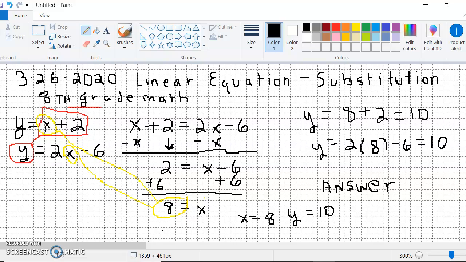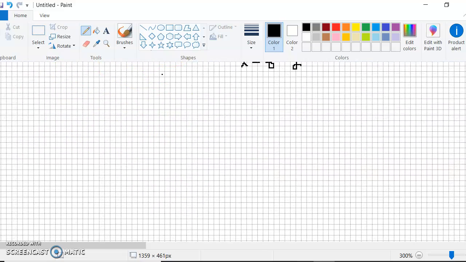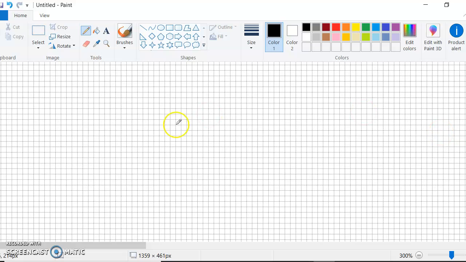Let's do another one. Okay, so we're bringing this down here. So the next problem I'm going to do is simple. y is equal to -4 plus x.